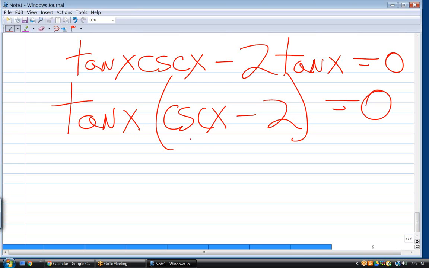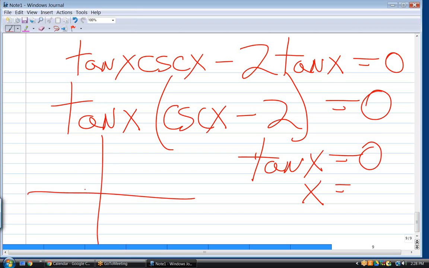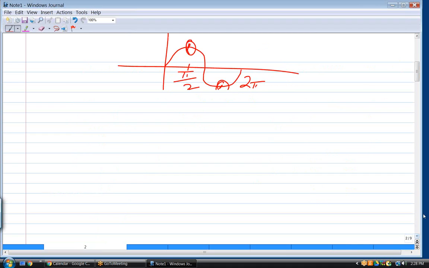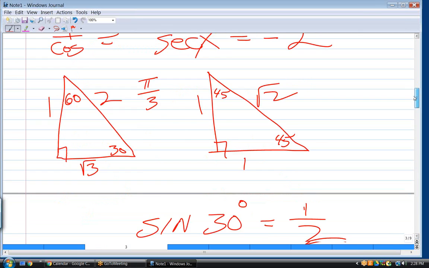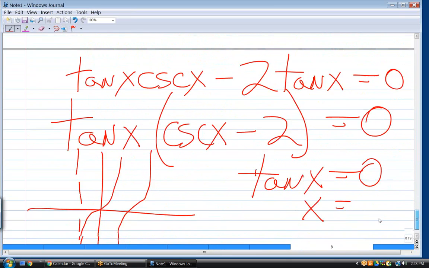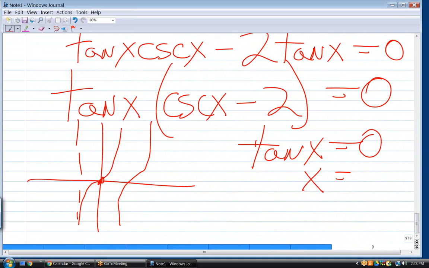So where is the tangent of x equal to 0? Where does that occur? Think of it more along the lines of what the tangent curve looks like.